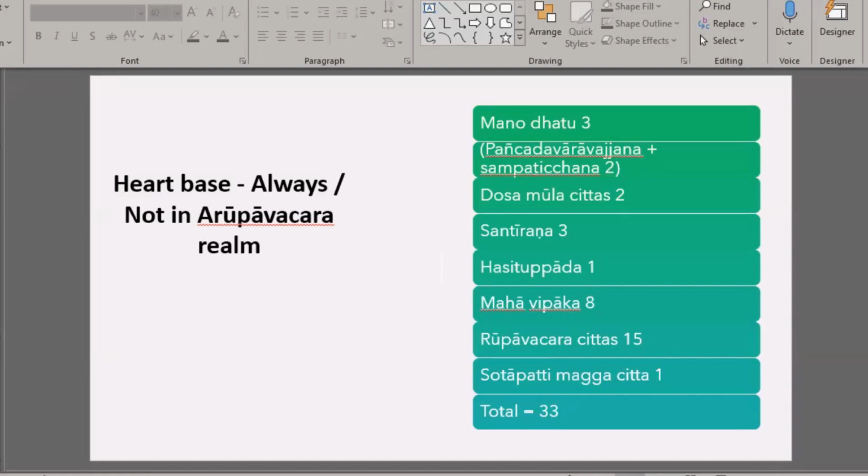These Rupavachara Jhana Chittas are based on whatever form. For example, when someone develops kasina meditation, they are first based on the kasina object. For Anapanasati, they are based on rupa.